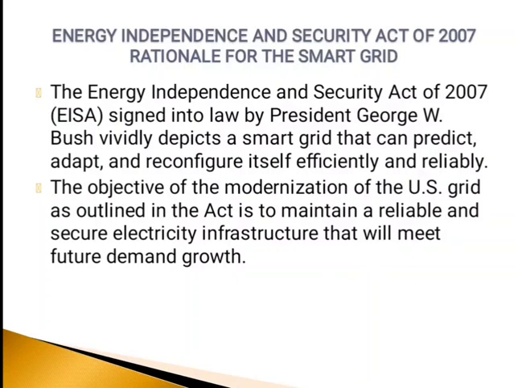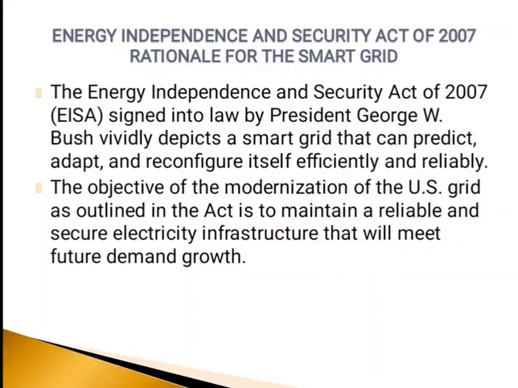See, the Energy Independence and Security Act 2007 was signed into law by President George Bush in the year 2007. It mainly depicts what adaptable technologies we are going to have in a smart grid, how we are going to reconfigure the smart grid activities, and how we are going to increase the efficiency and reliability of the smart grid.